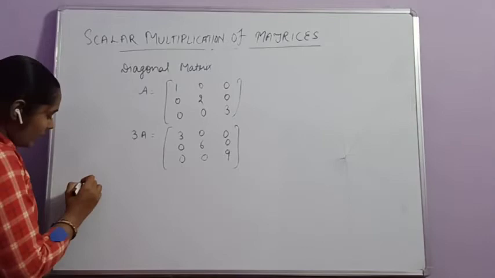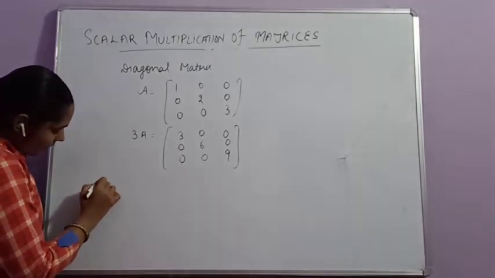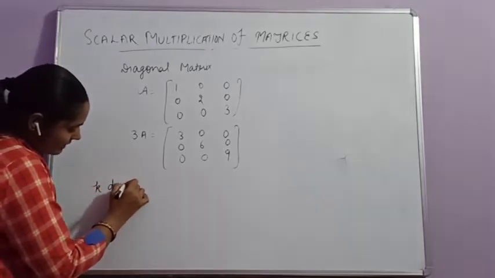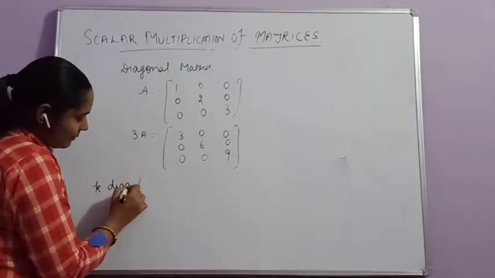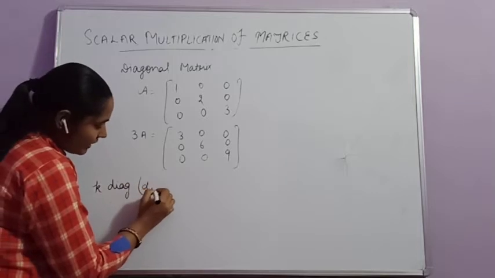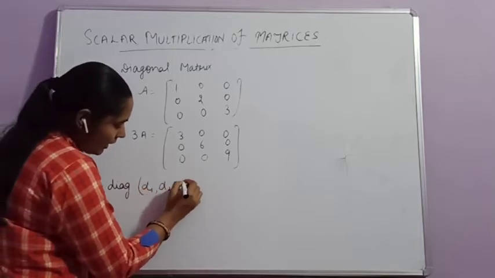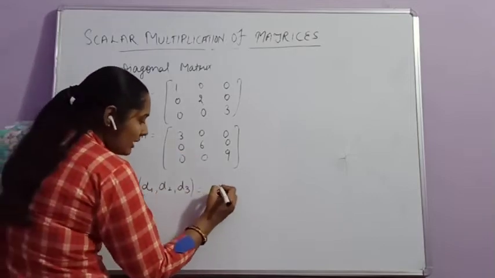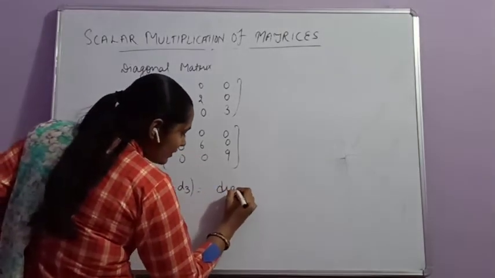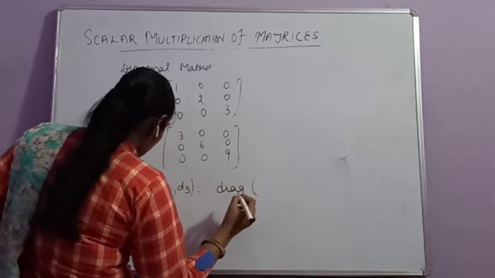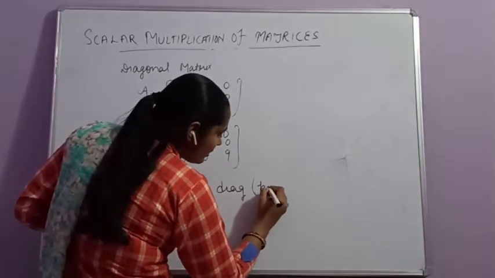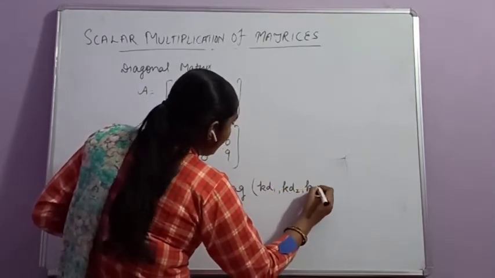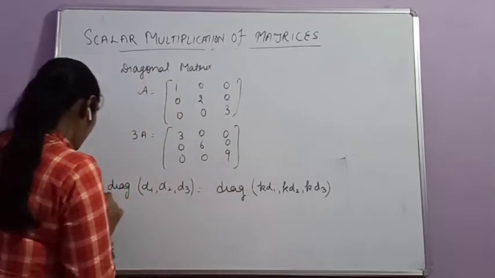Clear? So in short form, we can write down k multiplied with a diagonal matrix, where the representation of the diagonal matrix is diag(d1, d2, d3, d4 up to dn), that will be equal to diag(k d1, k d2, k d3 ...). Clear?